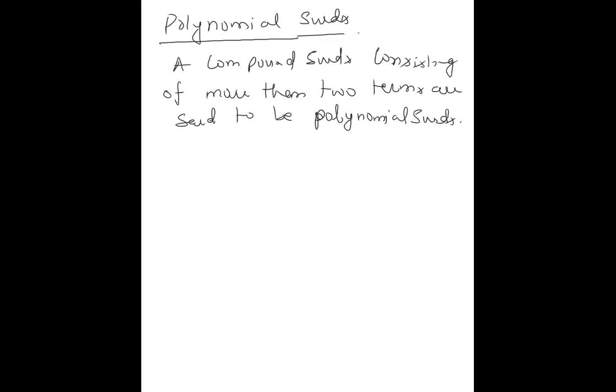Polynomial surds, like 2 root 3 plus 5 root 7 minus 6 root 2 plus 5.